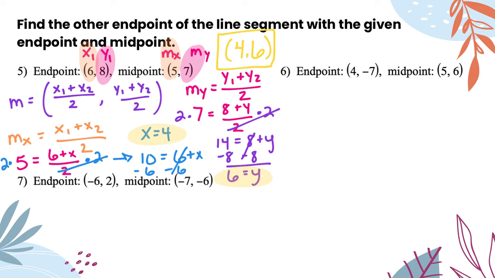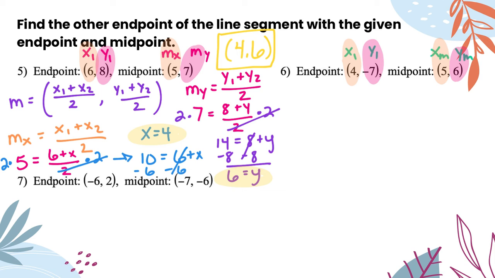Let's go ahead and try that one more time. I know my endpoints are my 1s and my 2s, so I'm just going to call it x1, y1. My midpoint, that's the x value of the midpoint and the y value of the midpoint. When I'm solving these problems, I'm going to use the x's to find the x value of the endpoint, and the y's to find the y value of the endpoint.